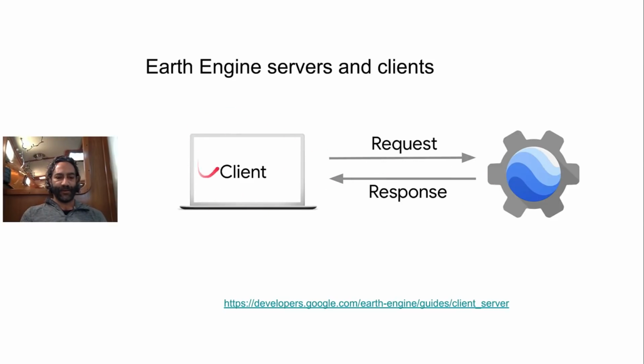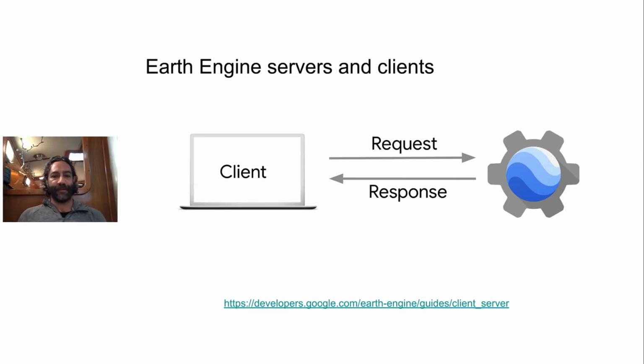So here's a computer and you've written some code here. The request is sent to Earth Engine for processing. The response comes back to your computer, and then you can display it. The response might be a number, a chart, or a display tile. But the point is that this is a fairly low bandwidth operation, and that lets you prototype very large operations without relying on your own computer to do all the computation.